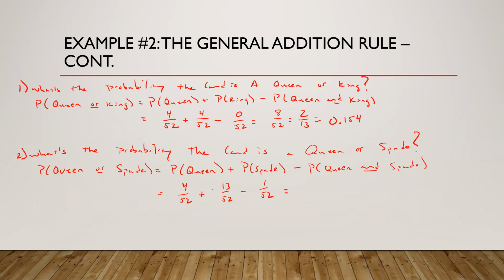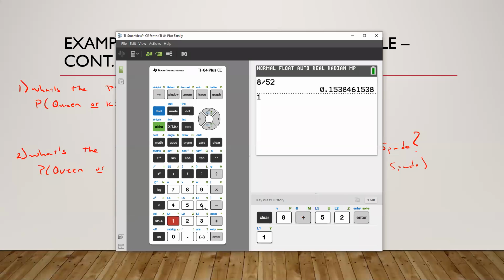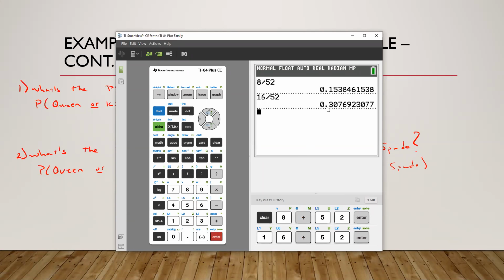So 4 plus 13 is 17 minus 1. 16 out of 52 would be the right answer. This would reduce to 4 out of 13, which gets me 0.308 when I round it.